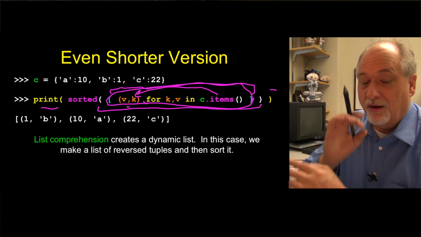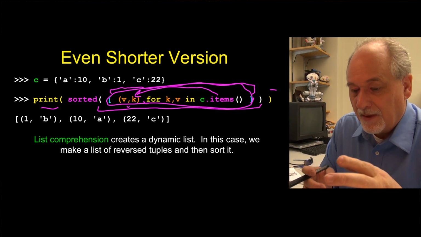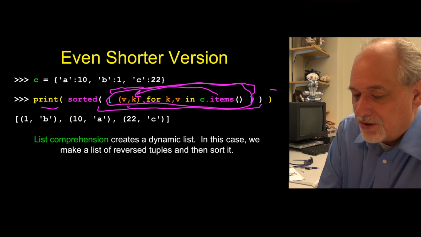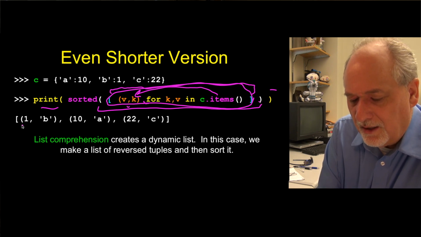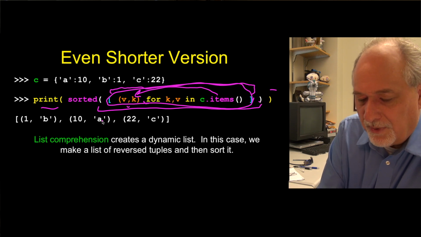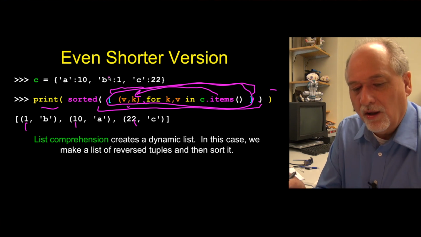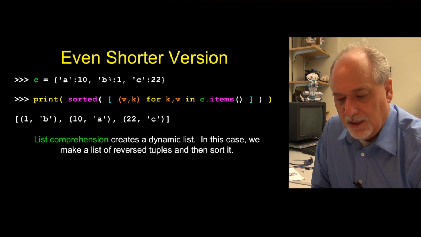Sorted moves the list around because it is just a list of tuples, and then gives us back the sorted list. And so I didn't put reverse equals true on here, but you see that this is sorted in ascending order now by key. And I did that all in one little statement.